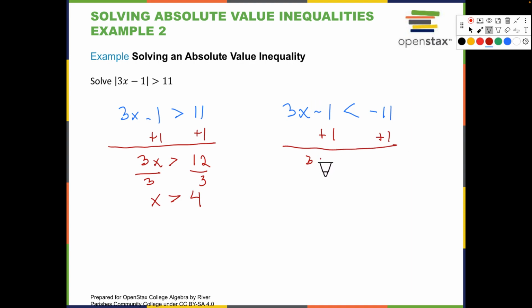We get 3x is less than negative 10. And when we divide, 10 divided by 3 is still negative 10/3. Doesn't go in evenly, doesn't reduce.